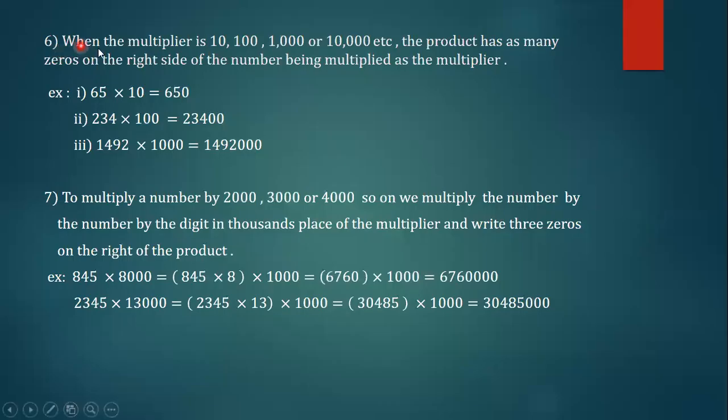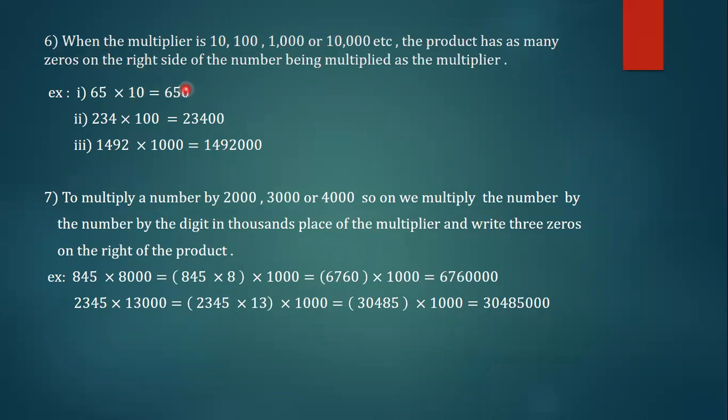Next, the sixth property: when the multiplier is 10, 100, 1000, 10,000. When you are multiplying a number with 10, 100, 1000, 10,000, etc., the product has as many zeros on the right side as the multiplier has.